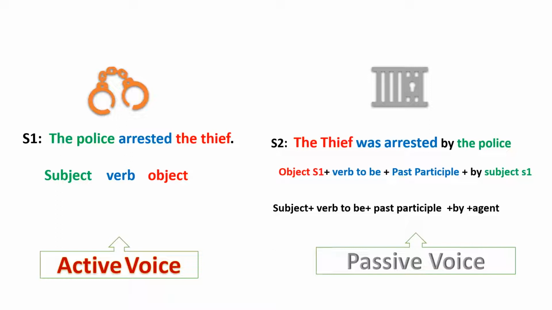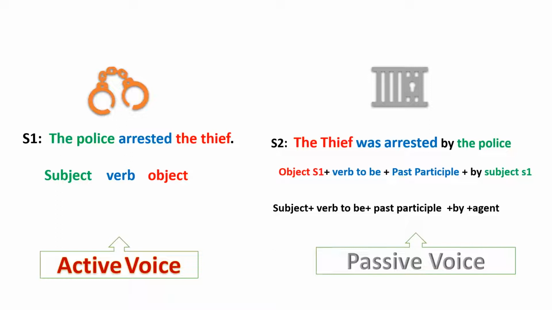This is the same sentence, but we changed it into the passive voice. So let's try to understand how we changed this sentence. If you look at the first sentence, we have three components: subject, verb, and object. We first start with the police, then we have arrested, then we have thief. Now, look at the second sentence. We start with the thief. What is the thief?